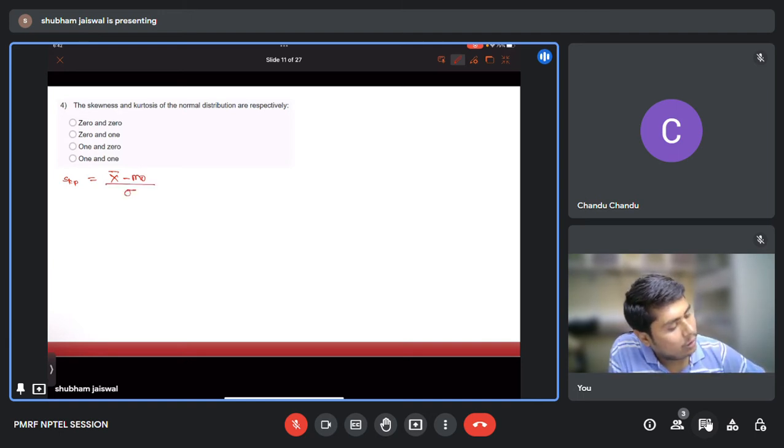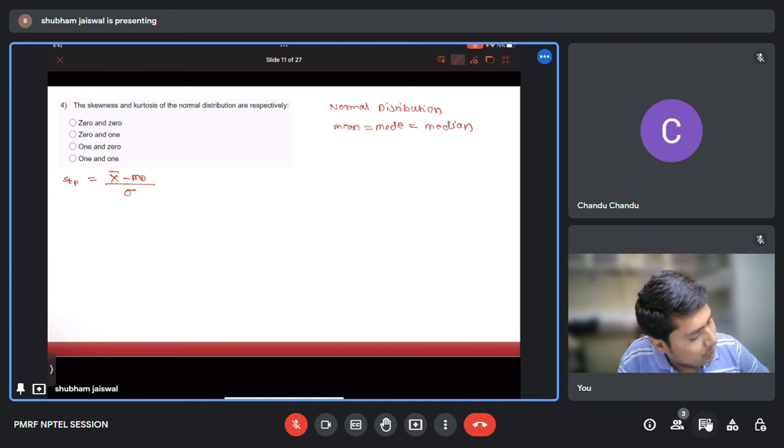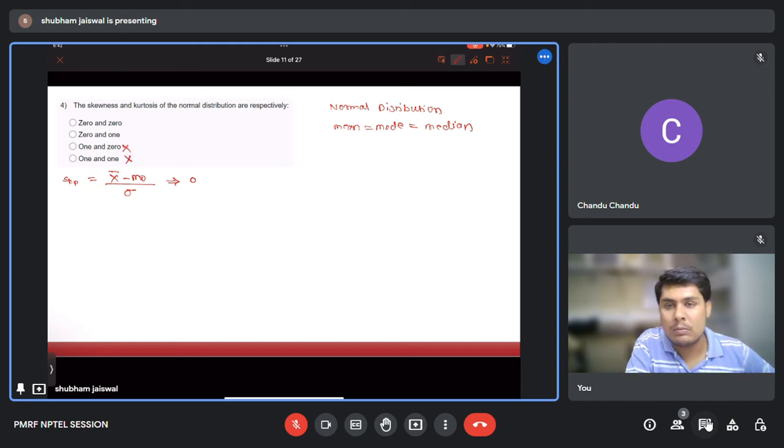So in case of normal distribution, the mean is equal to mode is equal to median. So the skewness will be 0. So here we can eliminate these two options. So now we have 0 and 0 and 0 and 1.